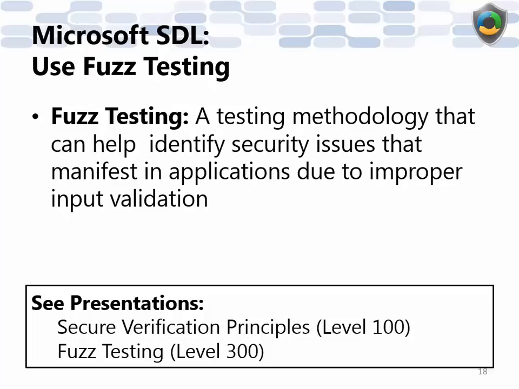Fuzz testing, remember, is a testing methodology used to identify security issues that can manifest in apps due to improper input validation. You can run fuzz tests often using automated mechanisms that won't take as much time.